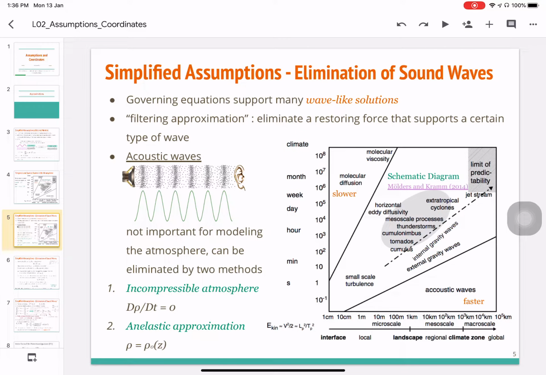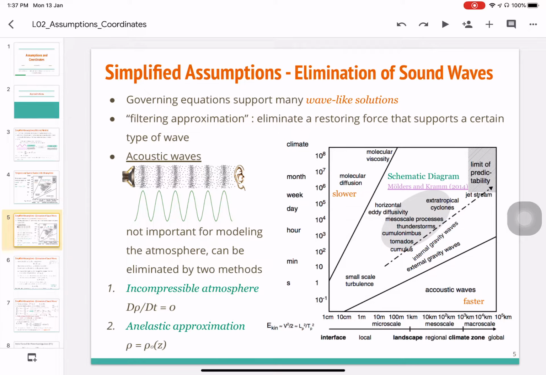So the first step, a very simple trick, would be to eliminate the sound waves in our equations first. We expect wave-like solutions in our system of equations. The first step would be to do a filtering approximation.